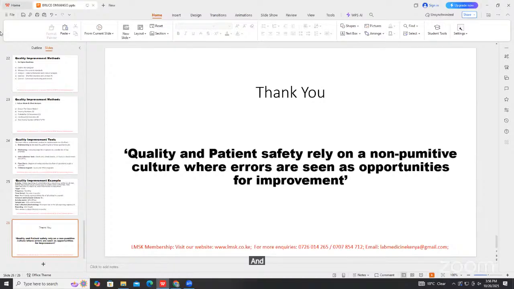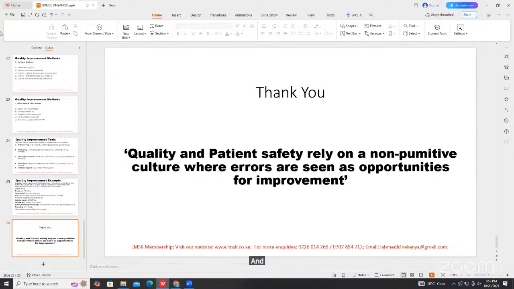Whenever an incident occurs that is safety related, you should take that opportunity to improve. Even if it's reported or unreported, documented or not documented, it should not be used as a punishment to the staff involved, but it should be a lesson to learn from that incident and improve our services.